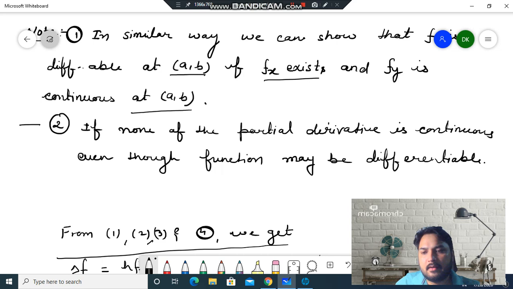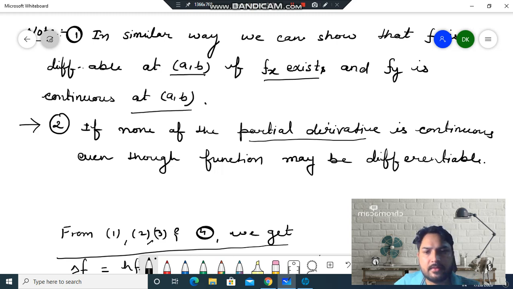Here is another important note. We also have lots of examples where all the partial derivatives of a function are continuous, even though the function may not be differentiable, or where none of the partial derivatives is continuous, even though the function may be differentiable.